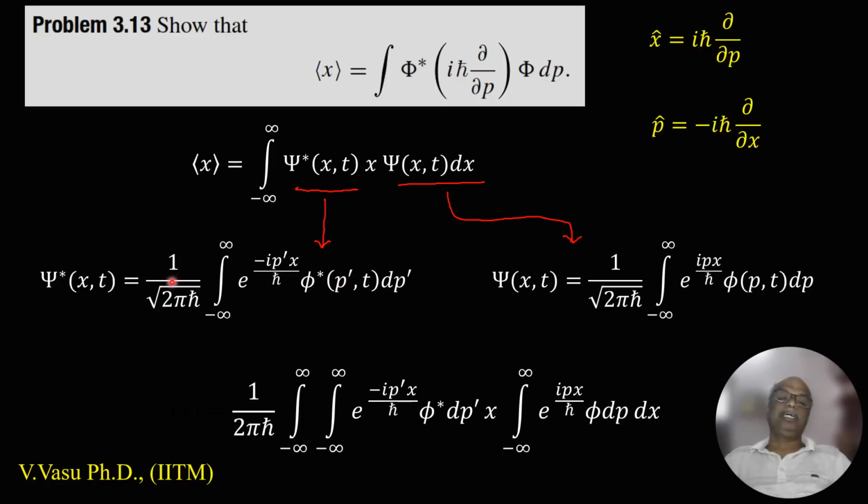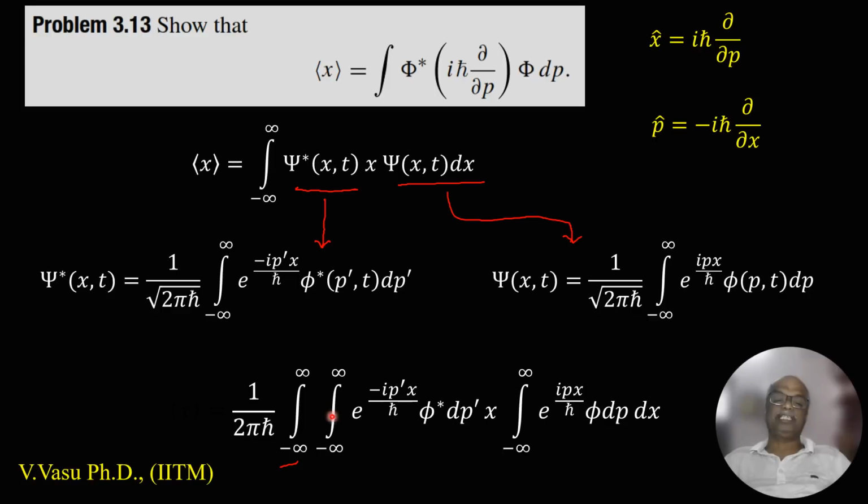Now you substitute it here. Instead of ψ* and ψ, you will get the following. I am taking the first integral as it is, and I am replacing ψ* and ψ by these integrals.